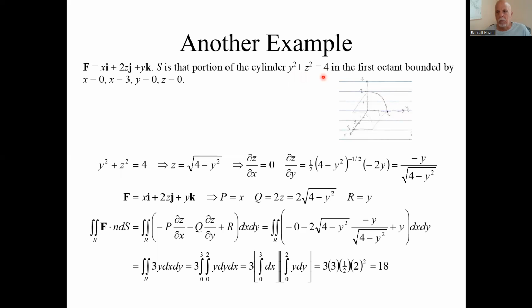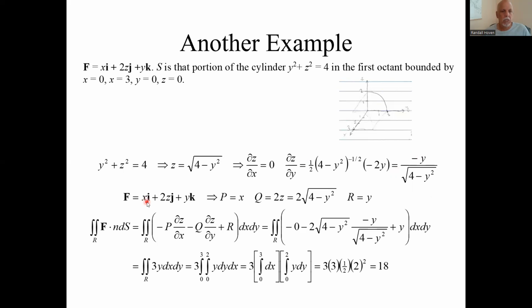We can make z a function of x and y, and it's like this. It's the positive square root because we're in the first octant, so we don't have to mess with plus or minus the square root here. So the partial of z with respect to x is 0, and with respect to y is this thing here, which simplifies.